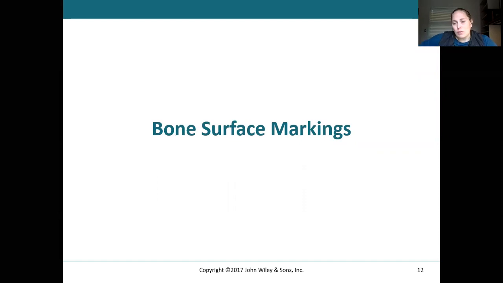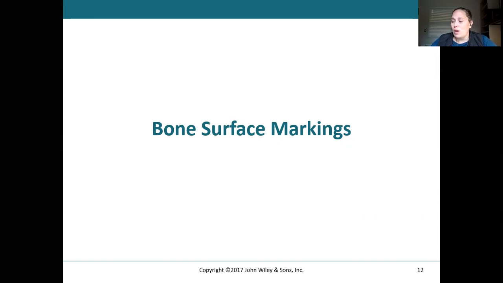When we get to the section of this lecture talking about the skull and the cranium, there's going to be a lot of descriptors on those slides to describe the bone surface markings for those different bones. I'm going to tell you that you can disregard those. In terms of bone surface markings that you'll be expected to know, you'll be expected to know the ones that are included either in the table that's presented here or on the images that are presented right after the table.